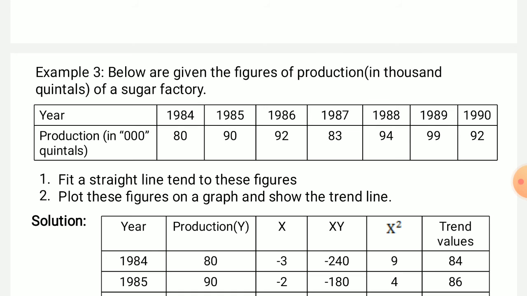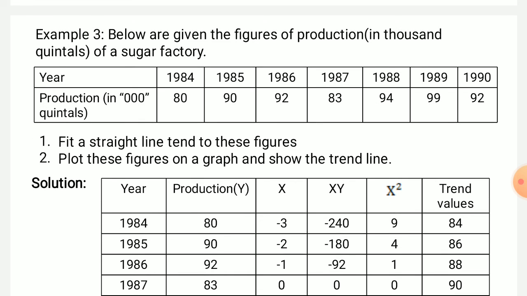Below are given the figures of production in 1,000 quintals of a sugar factory. Production of sugar in various years is given, in the first column year and in the second column production. With this data we have to fit a straight line trend to these figures and plot these figures on a graph showing the trend line.